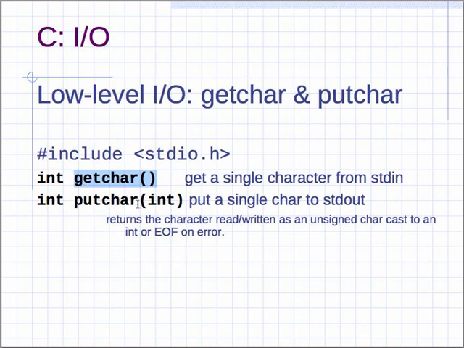Similarly, putchar, whatever it writes out to standard out, it returns an int form just for compatibility with other functions. But we know that it's only putting out a single character, and so therefore only the least significant byte of this int holds valid data.